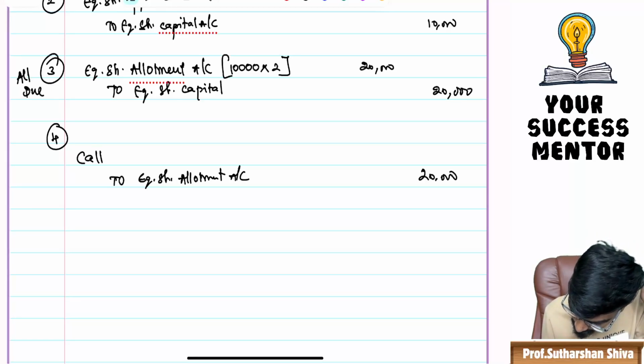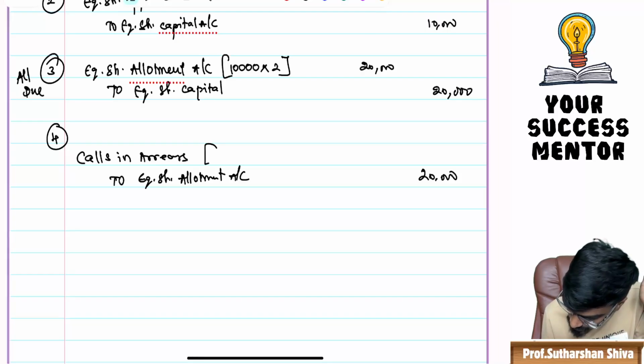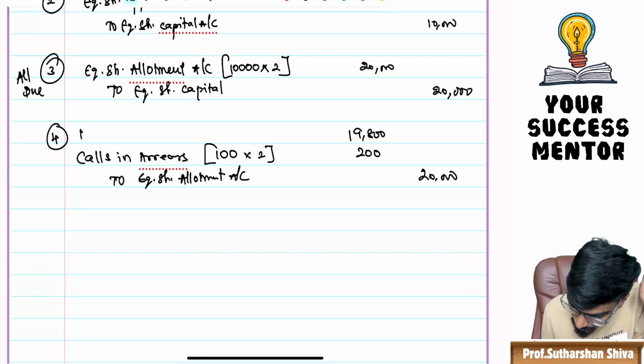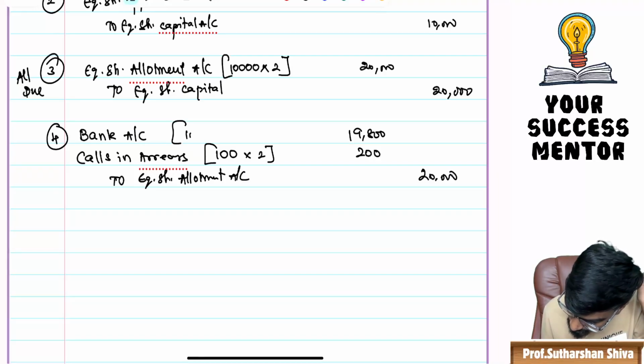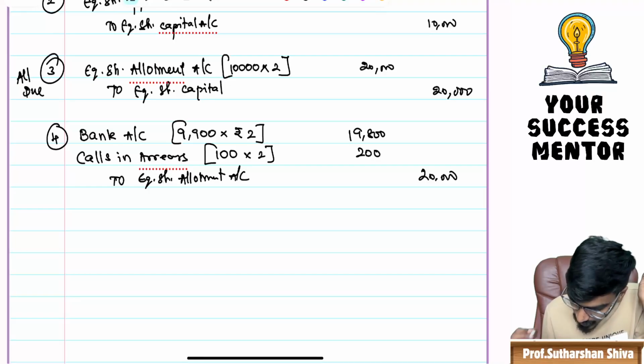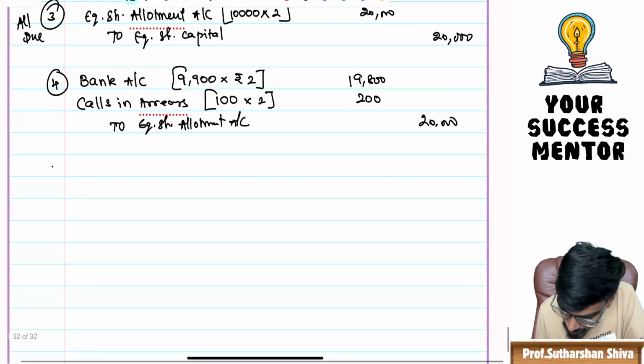Calls in arrears will be there, for 100 shares at 2 rupees it is going to be 200, and the remaining 19,800 is for the bank account. I will get cash, so it is 9,900 into 2 rupees, correct?